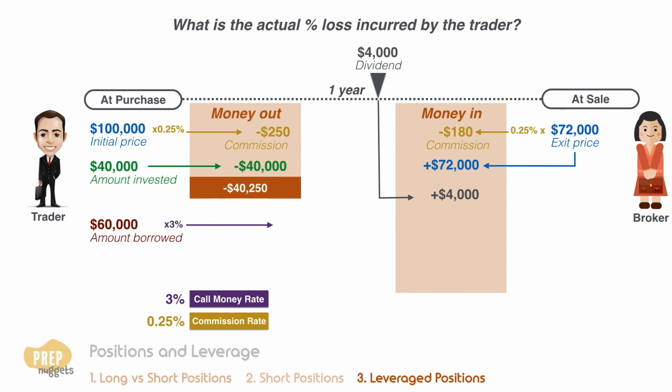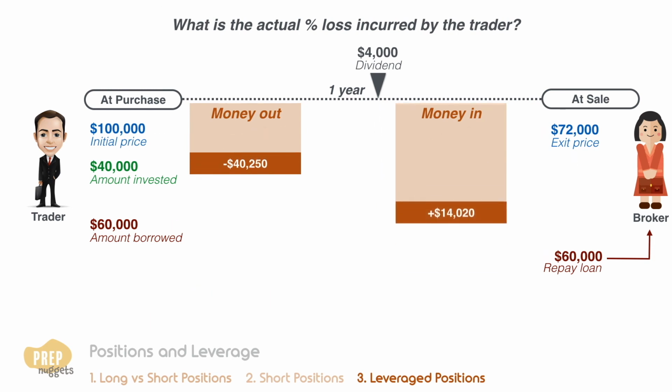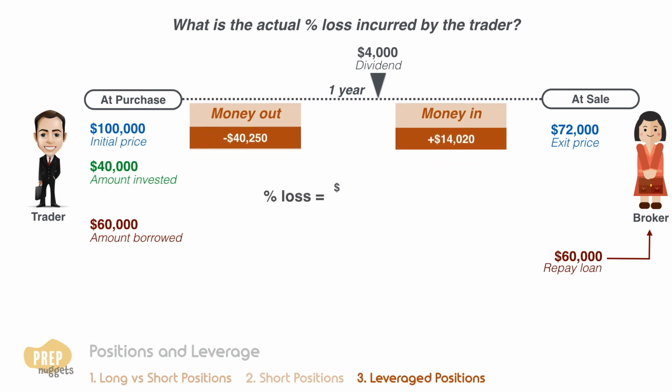The interest paid for the year was $1,800, and $60,000 was used to repay the loan principal. If we sum all these up, the total amount the trader received back was $14,020. If we plug in these two figures, the holding period loss was 65.2%.